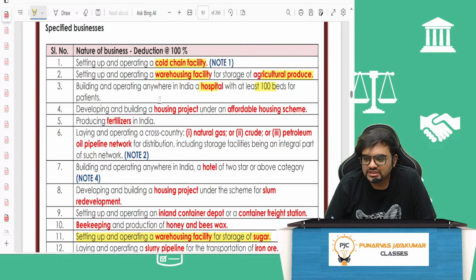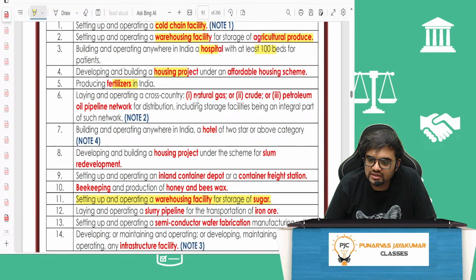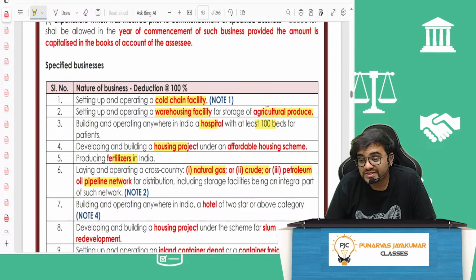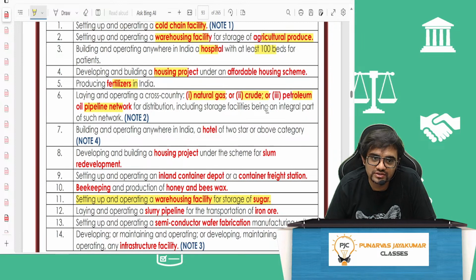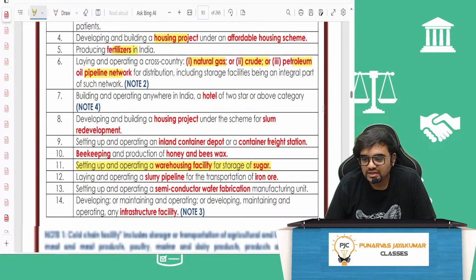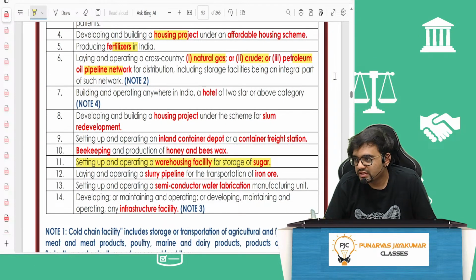Hospital with 100 beds, housing project, fertilizer, all these things. Laying and operating a natural gas pipeline, crude oil, petroleum network, all these things. In my regular batch, specified business, what do you mean by this? Only a 3-hour class happened. Now let's not go into that. It's a marathon, right? I'm just going to read out, that's all. But in the main class, I have explained that.